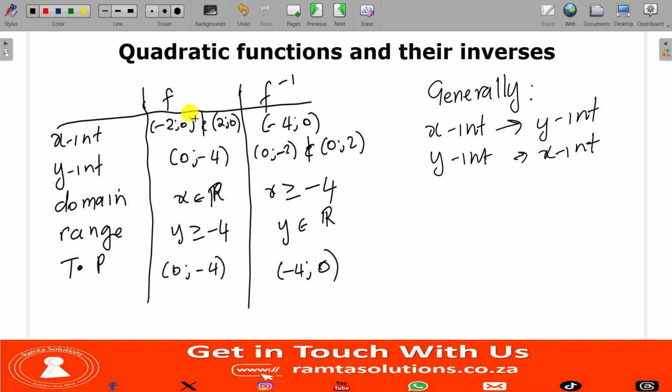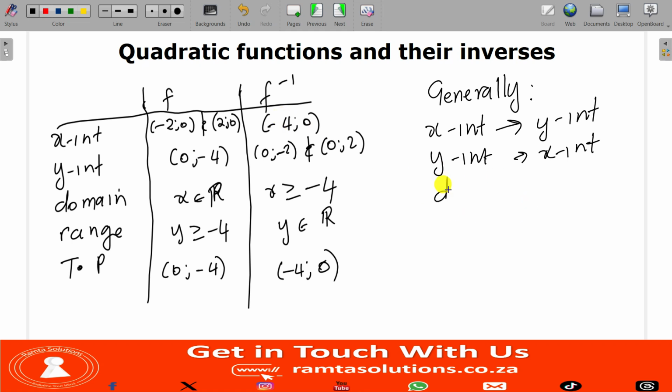Look, what was the x-intercept of your original? It became the y-intercept of your inverse, with the values swapped. Whereas the y-intercept of your original became the x-intercept of your inverse, with the values swapped.